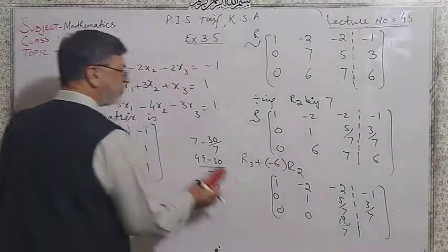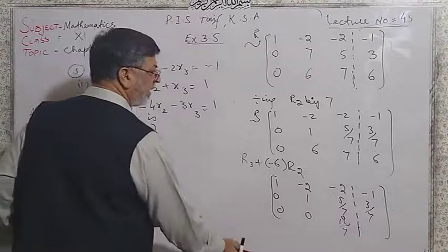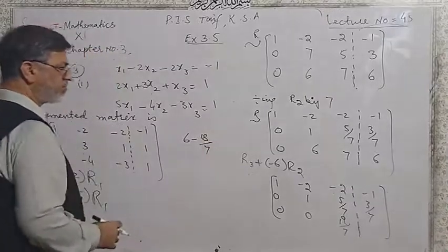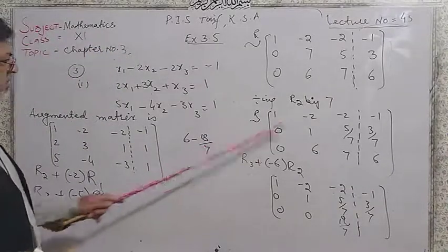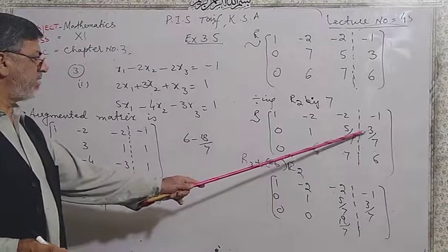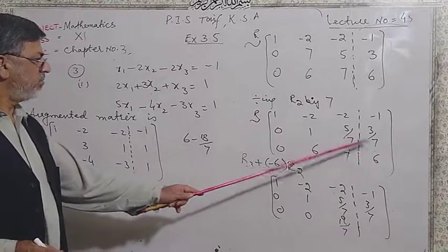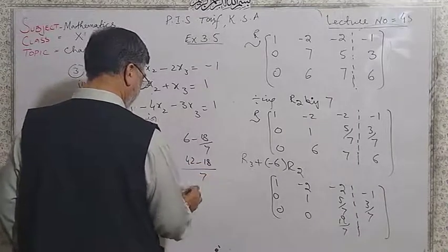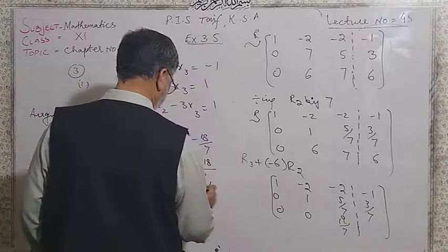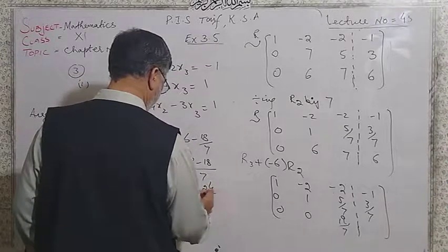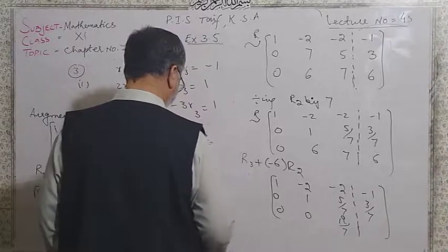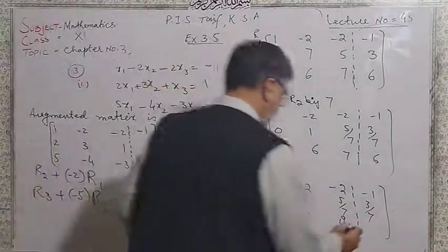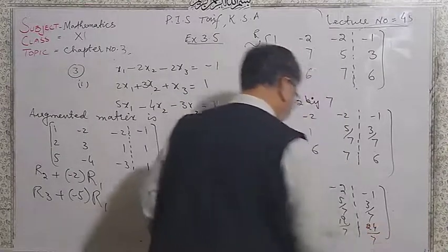So we have 6 minus 18 over 7. It will be 6 minus 18 because multiplied by minus 6. 42 minus 18 over 7. That will be 24 over 7.